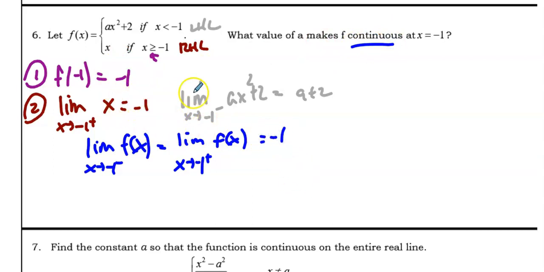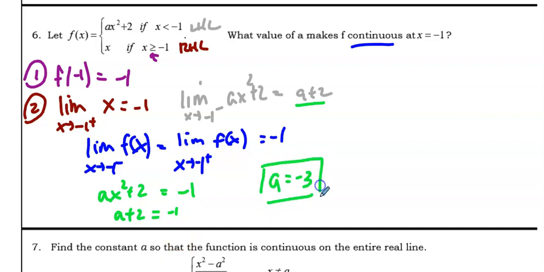So the left-hand limit is going to be ax squared plus 2, and our right-hand limit is going to be -1. Now we already know, based on this, what our left-hand limit was. So I should have just skipped that step and said a plus 2 is -1. And so a is very easy to solve for. Again, this is going to be -3.